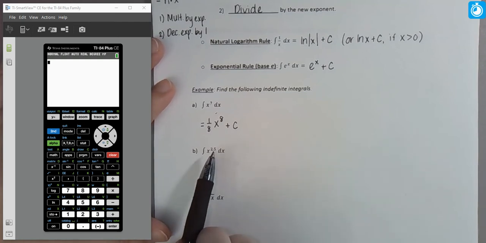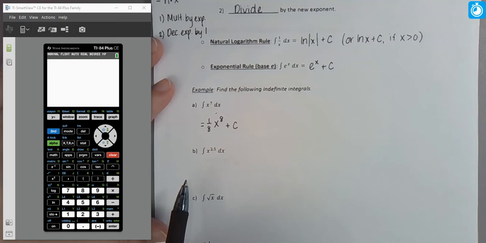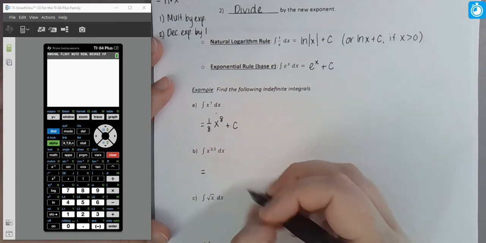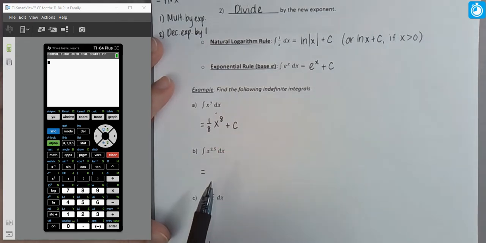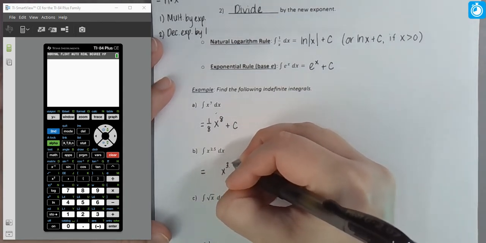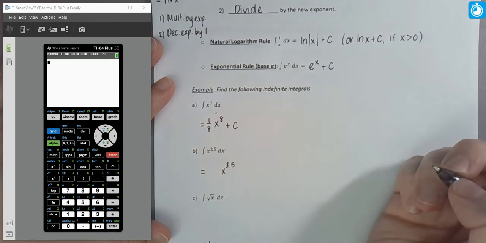Now this is also going to apply if we have an exponent containing a fraction or a decimal. So in this case, our exponent is 2.5. The same procedure applies. So increase the exponent by 1. Well, if we're starting with 2.5 and increasing it by 1, that's going to become 3.5.